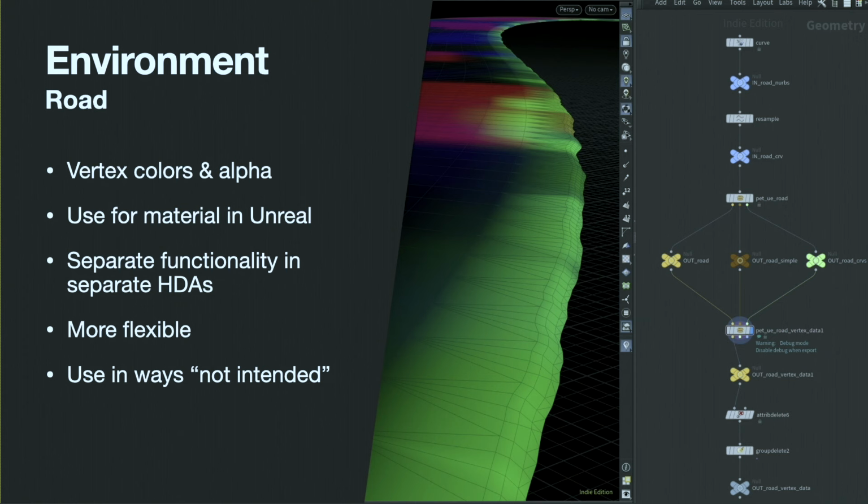These vertex colors are just RGB and alpha values that you can later use in Unreal to blend different textures together to give more visual interest. And it's also a good idea to sometimes separate HDAs. You have one HDA that will create the road and another that creates the vertex colors. Then you can reuse them, so they are separate from one another.